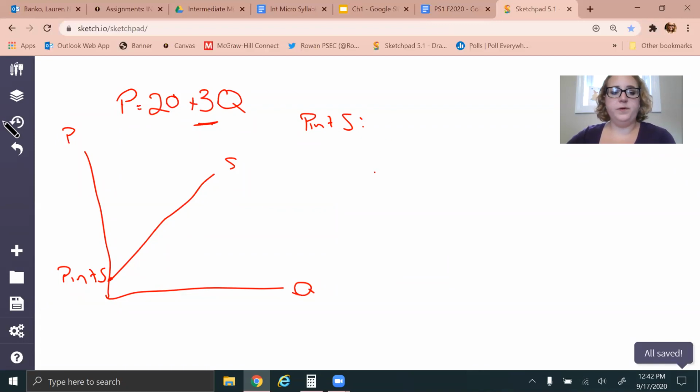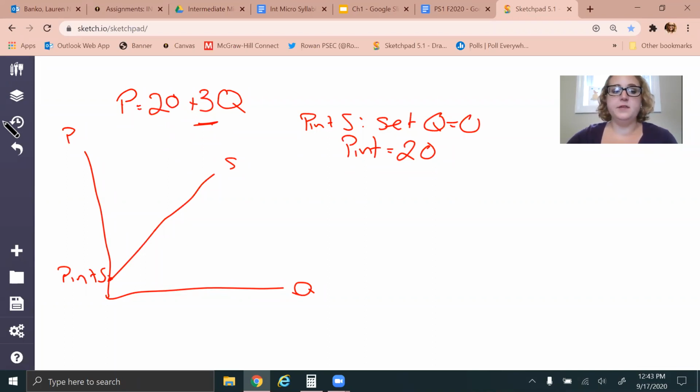This is kind of like what we were doing with consumer and producer surpluses. One of the things we wanted to find was the intercept. The intercept for supply here, now it's kind of easy when you have this inverse, we want to set Q equal to 0. This is what we want to do no matter what we're given. And when we do that, the intercept is just equal to that constant term, just this 20, because this goes to 0. So down here, this might be 20.